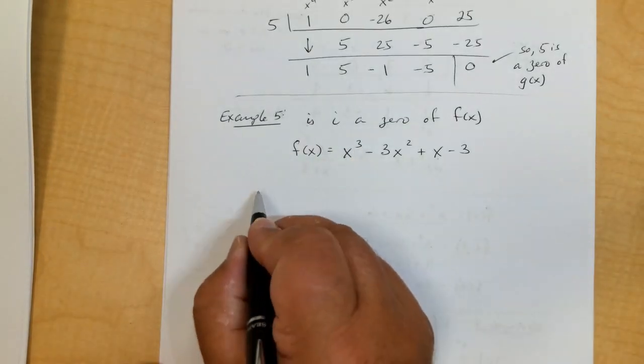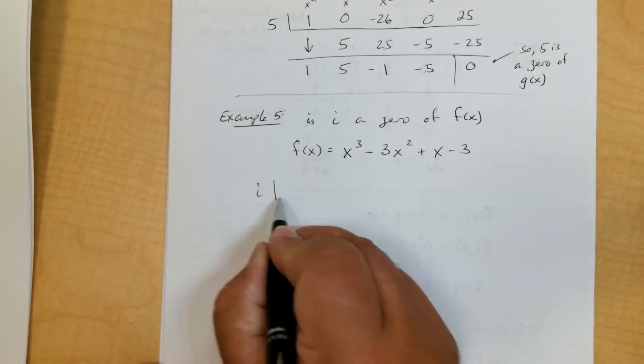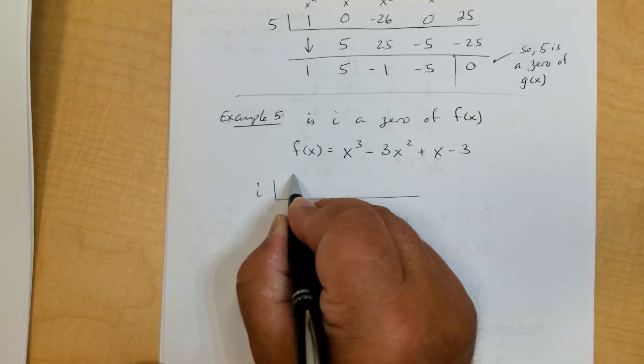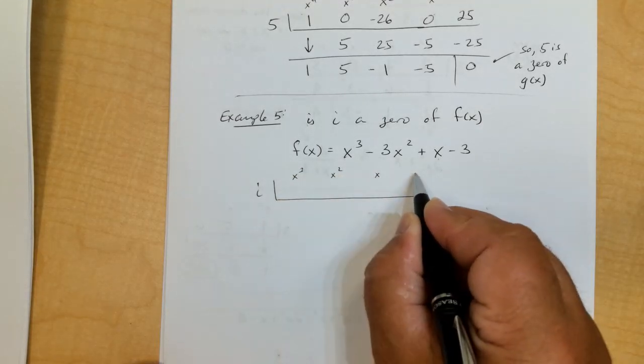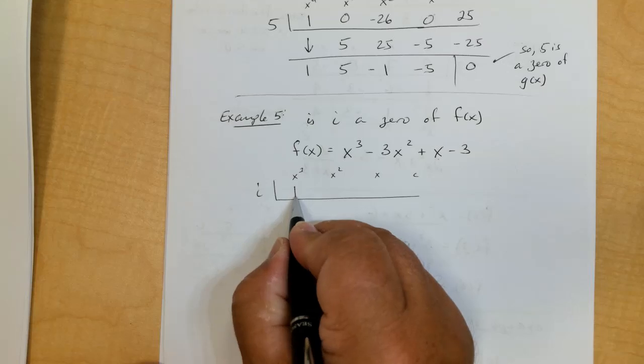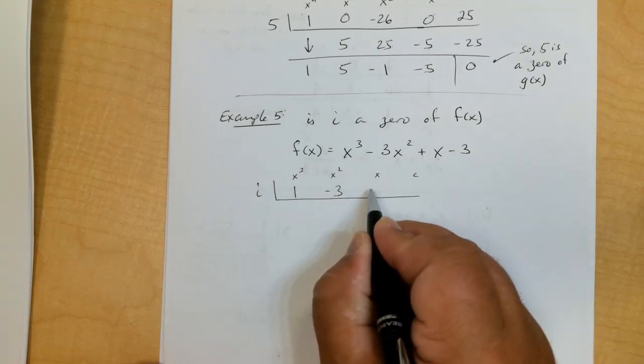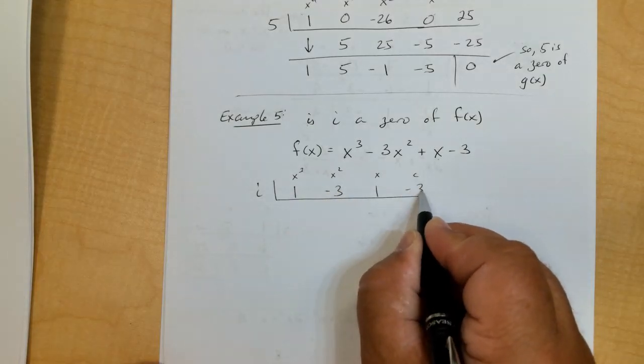So let's set it up the same way. So we have i, x cubed, x squared, x, and constant. So we have 1, 1, negative 3.